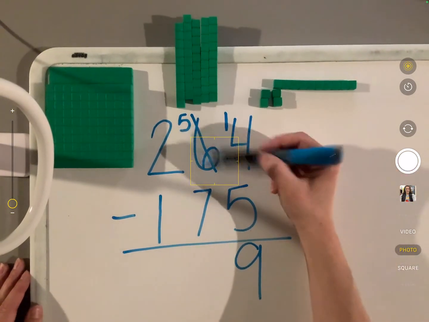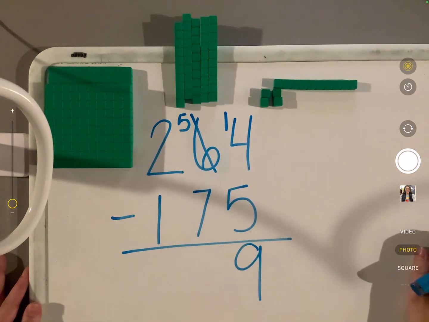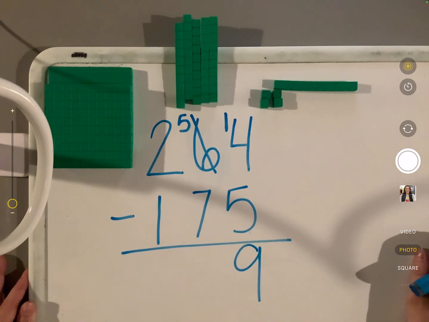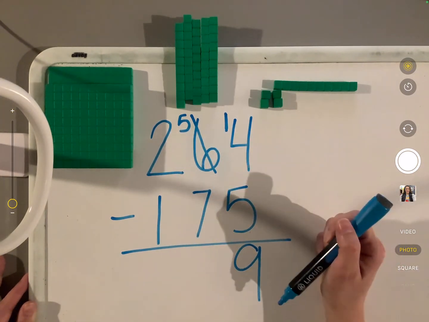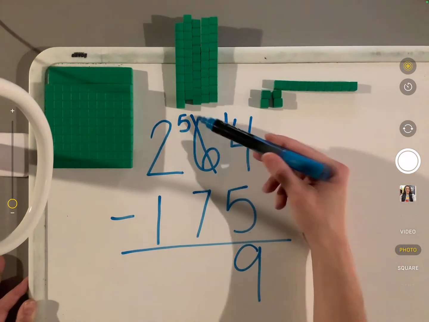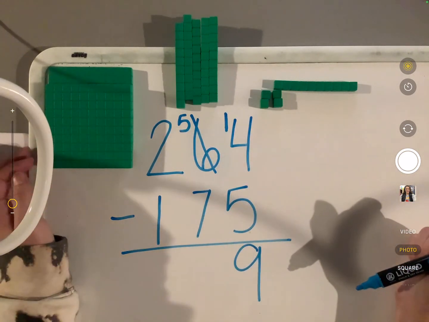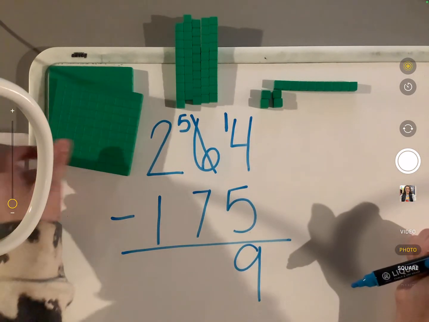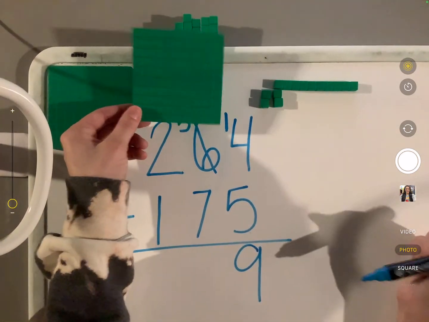Okay, and then I need to take 5 away from 7. Can I do that? 50 away from 70? I can take 50 from 70, but I need to subtract 70 from 50, right? So I cannot take 70 from this 50, right? So what do I need to do? I need to borrow from my other neighbor, and he's going to give me a 100, okay?